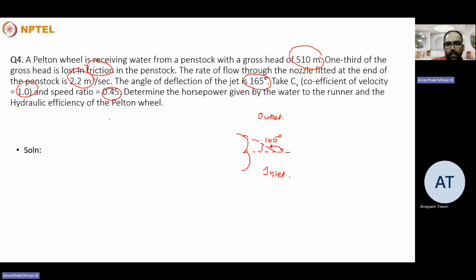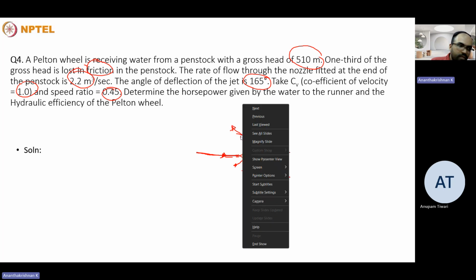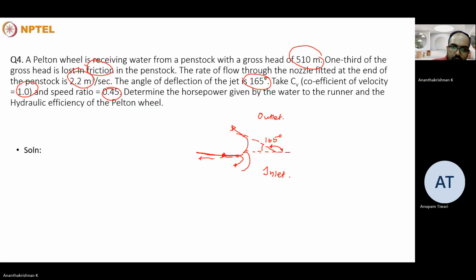So in the case of Pelton turbine, the fluid flows in this direction straight and splits, and using the splitter, it will be redirected like this. So if you try to draw the triangle, the C1 will be the same as the whirl component of the velocity.